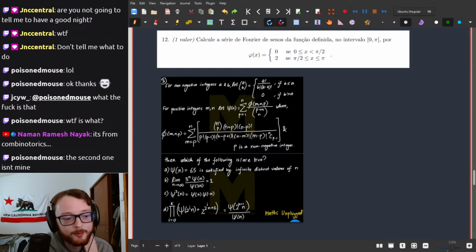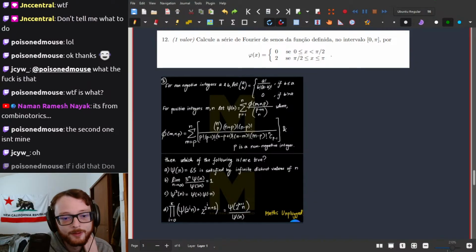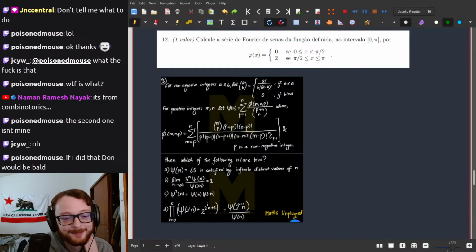This is way too hard. Like what the hell is this? Why are we mixing notation for combination?